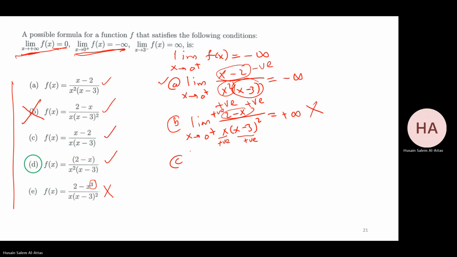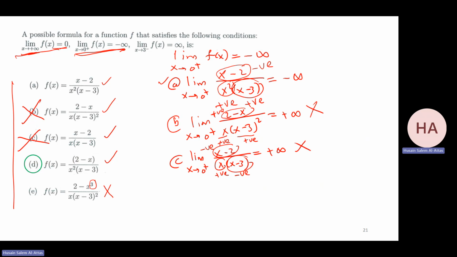C. Limit as x goes to 0 from the right for this function. When you substitute, you have negative, you have positive, you have negative. So you have +infinity. Also, this one is wrong.